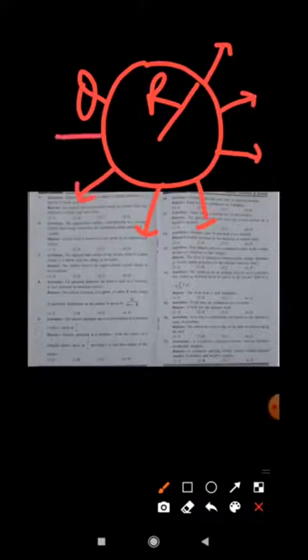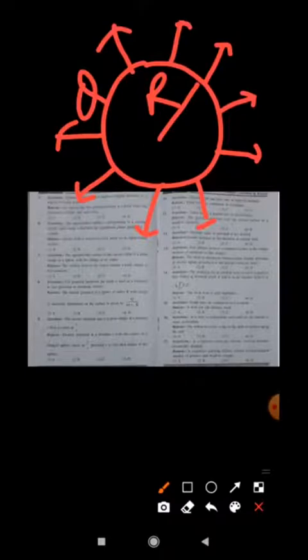It means that on the surface of this sphere, charge q is distributed. If you see the direction of the electric field, it can be represented at any point on this sphere as perpendicular to the surface.